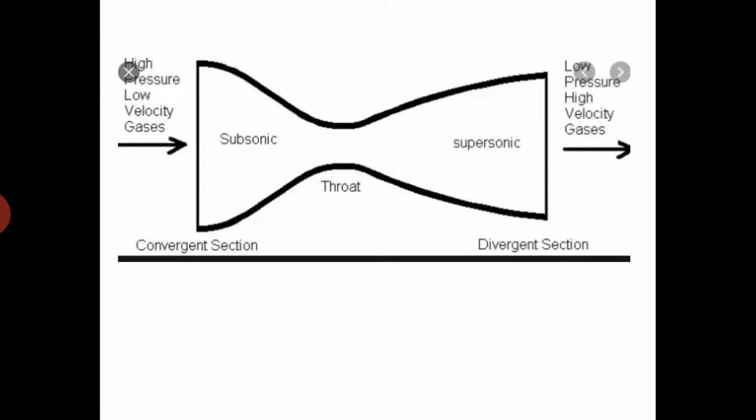So it is called supersonic flow here. That's what we use this concept for, where supersonic flow should be obtained, especially in rocket engines. Got it? So this is a brief idea about how the shape of nozzles is provided.